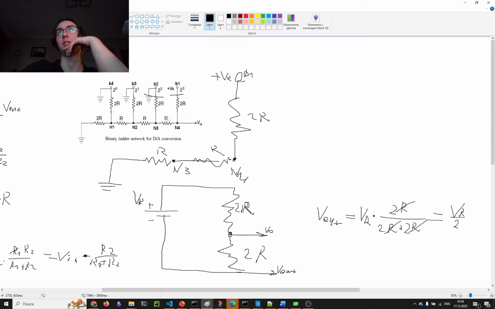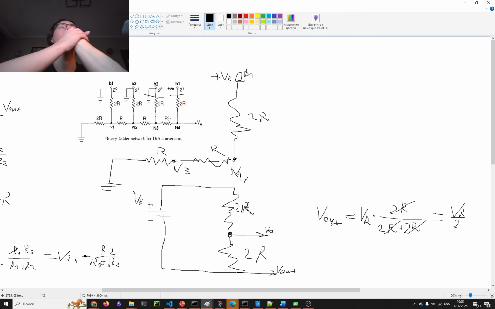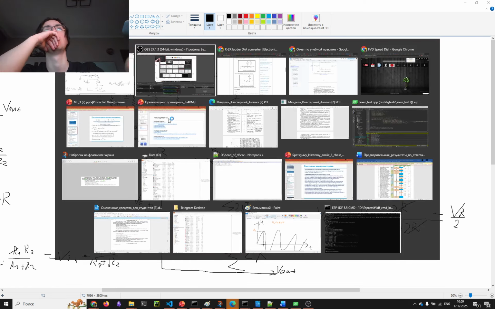Or actually no, that would be a little bit more complicated. But actually no, we would get 4R on both sides. That's actually interesting.